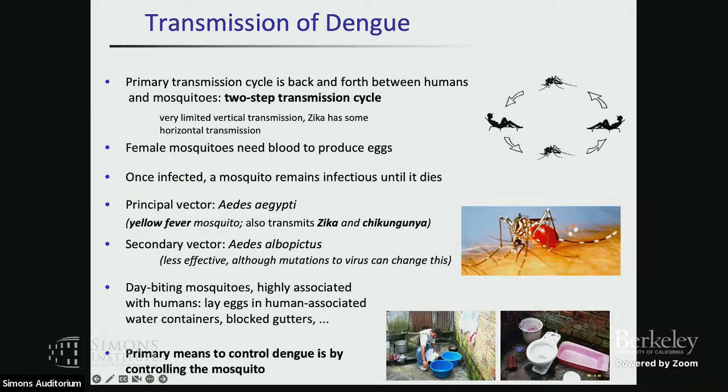So that female mosquitoes bite, and kind of just a side effect of that is then you have the potential for transmission between humans and mosquitoes. So again, mosquito is typically infectious forever once it gets infectious until it dies.